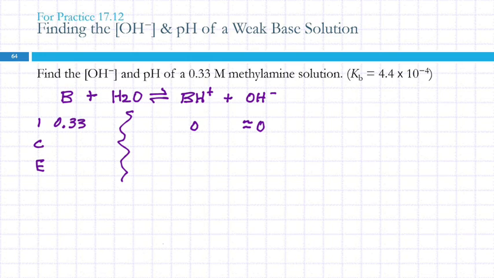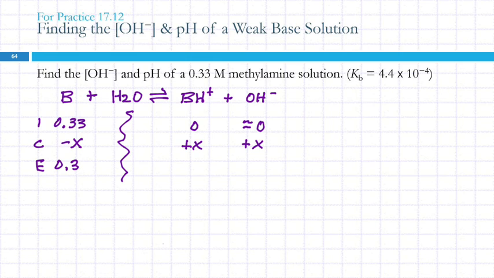So we put X in for the change. Over on this side, these are both 0, so these have to be plus X. There are times when you'll have concentrations up here, and this will be the minus X because the reaction goes in the reverse direction. But if you've got a 0, that has to be plus X. So this is plus X. This one's minus X. And like with the weak acids, we're always going to have coefficients of 1, which makes it nicer.